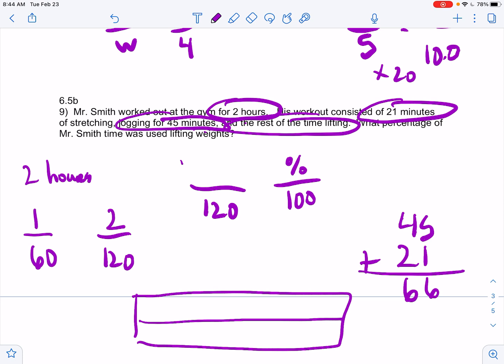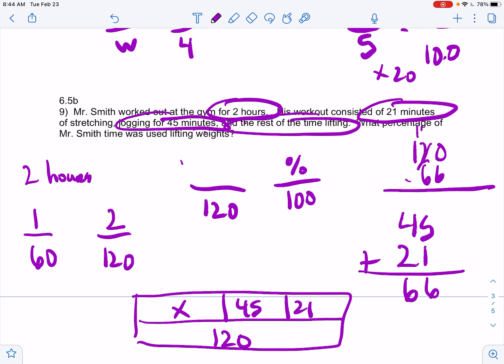So a total of 120. We had 21 and 45. We need to solve for the lifting here. So we're going to subtract 66 from 120. That's 54 minutes.